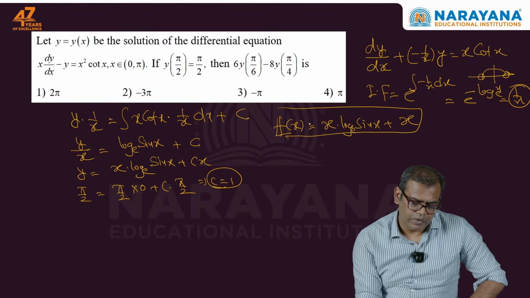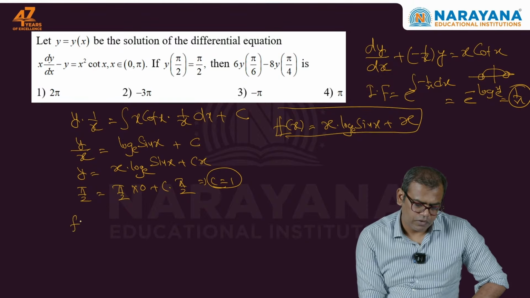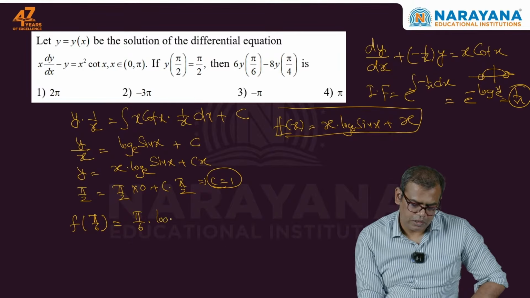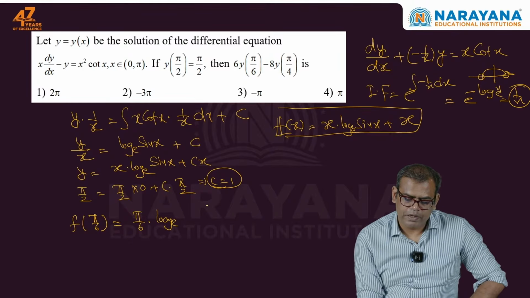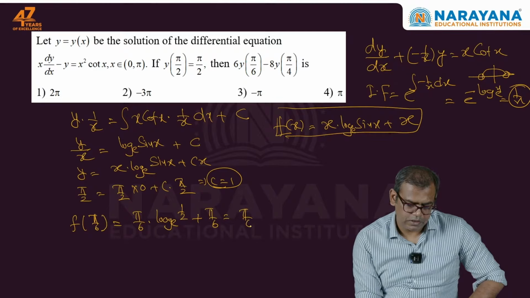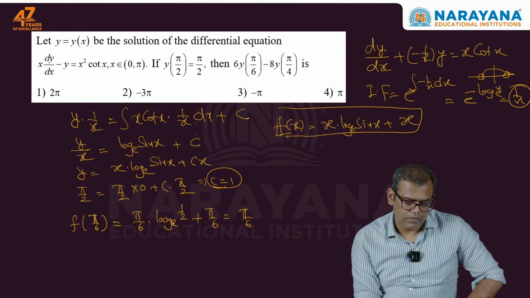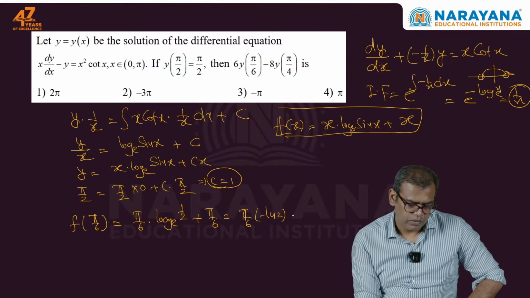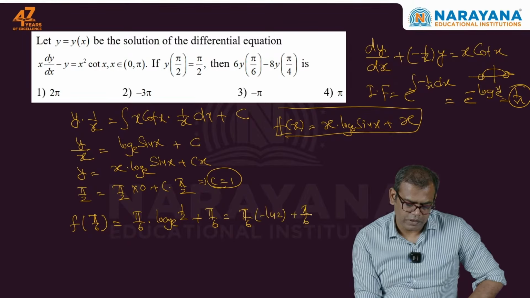So what will come here is f of pi by 6. f of pi by 6 will come pi by 6 ln sin pi by 6, sin pi by 6 is half, plus pi by 6. Simplify now, pi by 6, this is ln half, so minus ln 2 will come, into minus ln 2 plus pi by 6 will come.